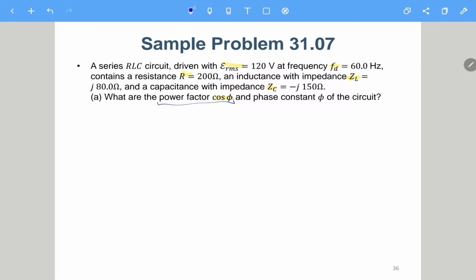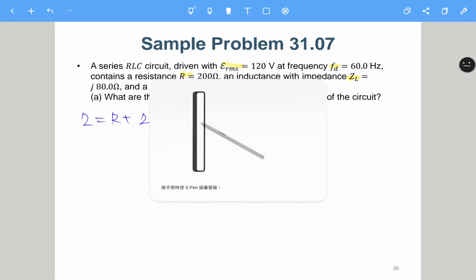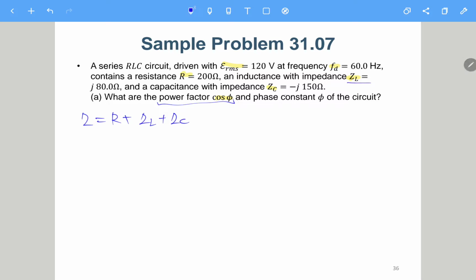Okay, so the first step is to always write our Z is R plus j times, or maybe we can just write it as R plus ZL plus ZC, because this ZL and ZC include the imaginary part, the imaginary number. So R is nothing but 200, and then plus jL is j80, and then ZC is negative j150.